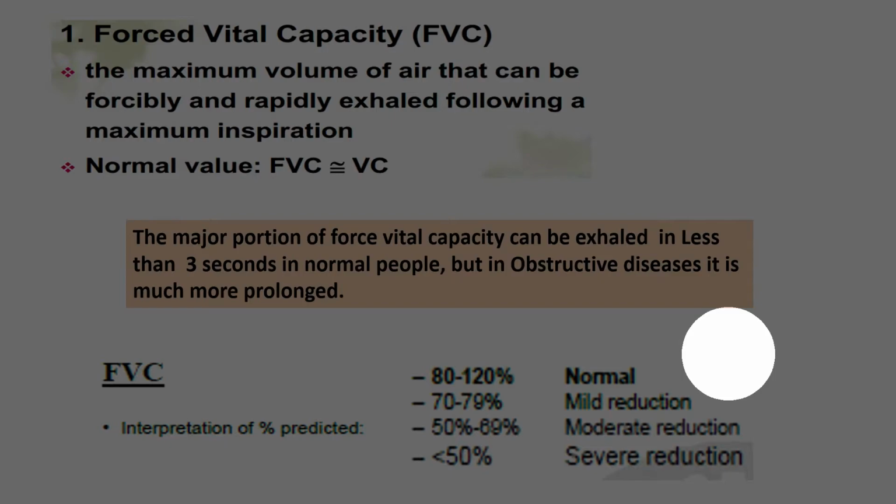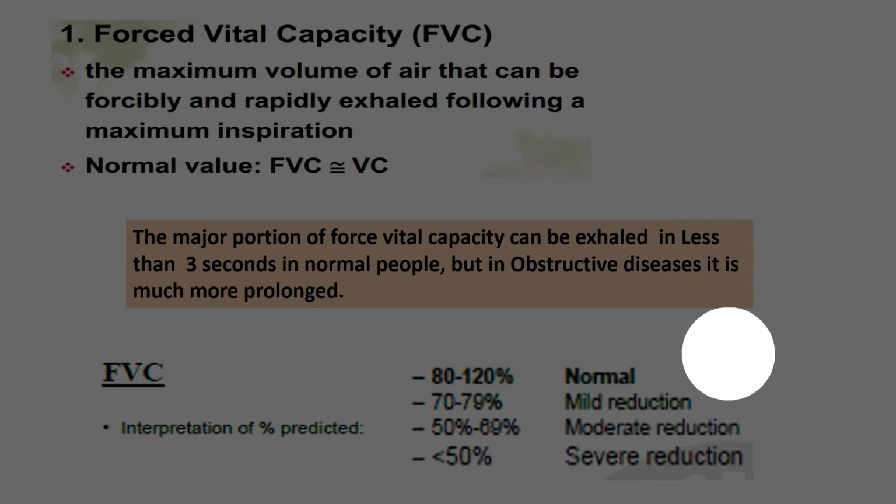First one is the forced vital capacity. It is basically the maximum amount of air that can be forcibly and rapidly exhaled following a maximum inspiration. It means that after maximum effort you inspire, and then you forcibly and rapidly exhale.